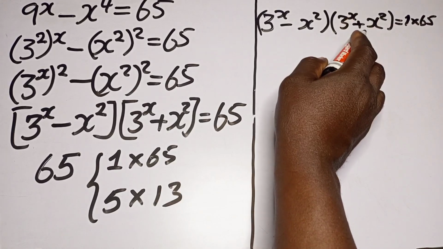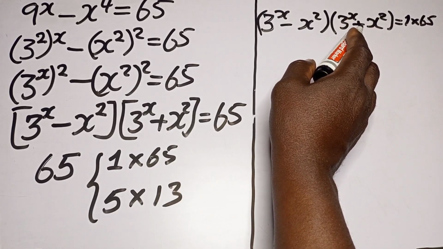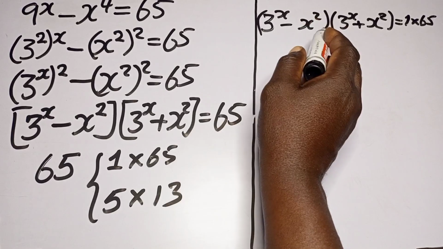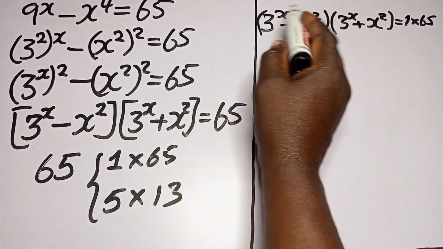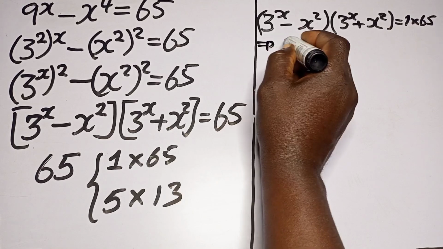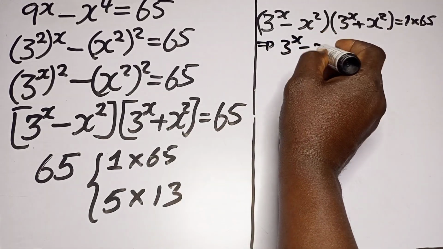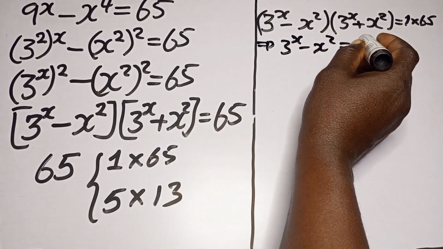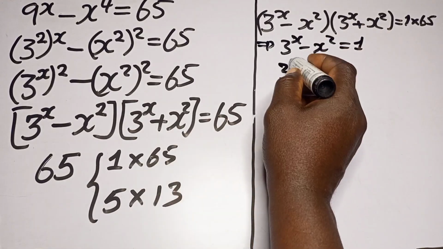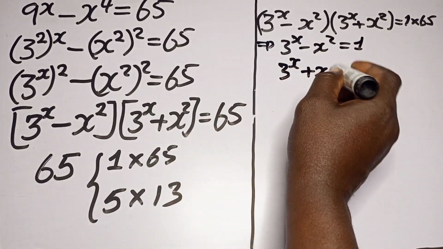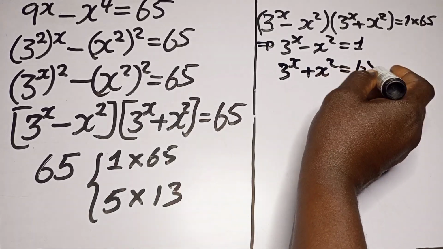We'll attach 65 to this factor and see if it makes sense. So that's the first reasoning that we have here: subtraction gives us a smaller value than addition. So 3 to the x minus x squared can be equated to 1, and then 3 to the x plus x squared be equated to 65.